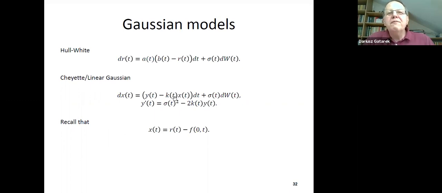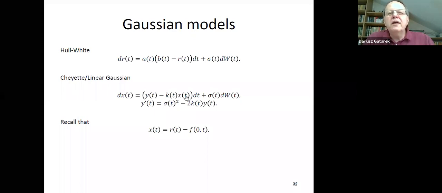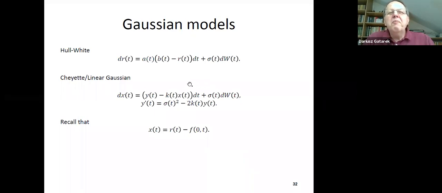And we don't have to fit the initial yield curve because it's already incorporated in the model. So that's much easier to handle. Pat Hagan promotes the linear Gaussian model. He's right.